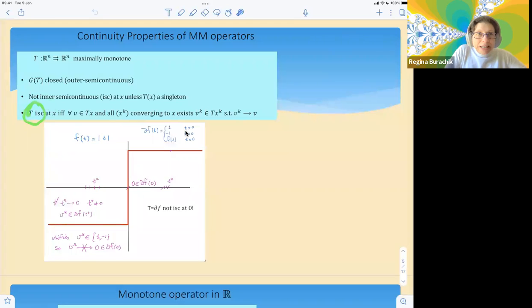A point-to-set map, any point-to-set map, is inner semi-continuous at x if for every v in T of x, and here this is the important part of the definition, no matter who is the v in T of x, and no matter who is the sequence xk converging to x, you will be able to find a sequence (xk, vk) in the graph of T such that the vk converge to your original selected v.